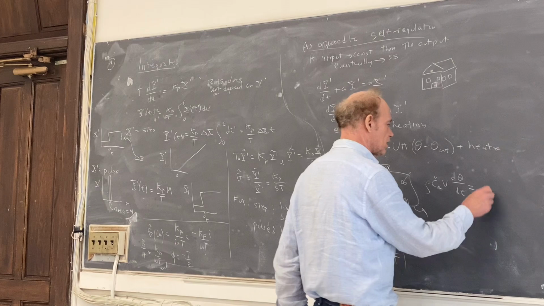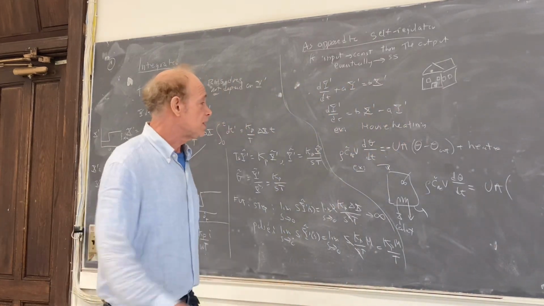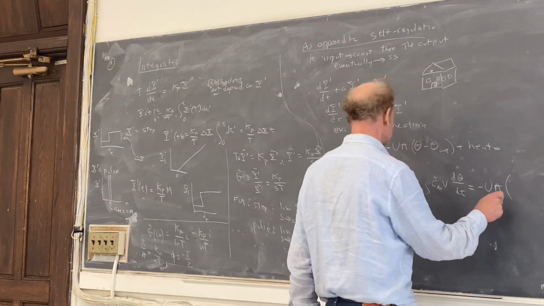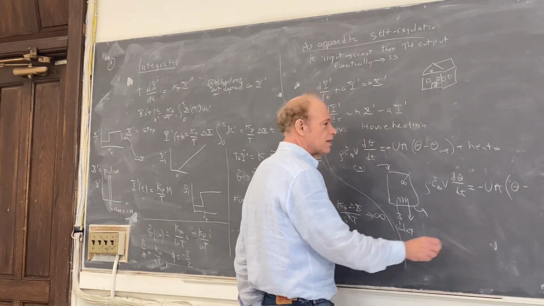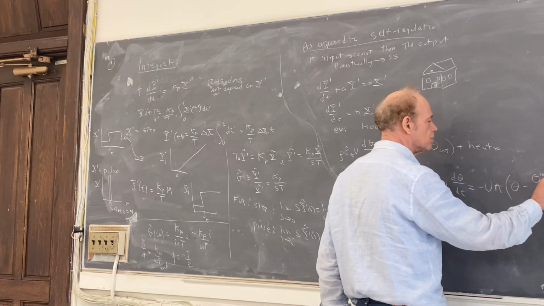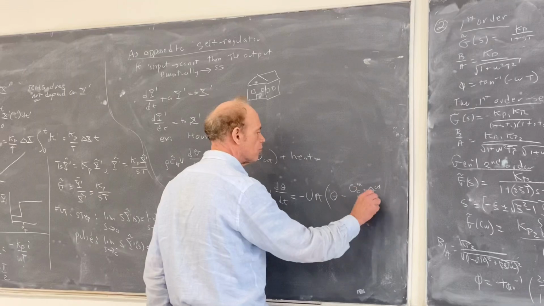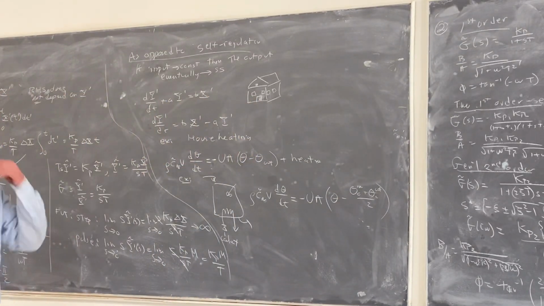So I've got UA, and we saw there was an approximation here. So here I can have theta minus the average of theta coolant in and theta coolant out over 2. We saw that was a reasonable approximation there.